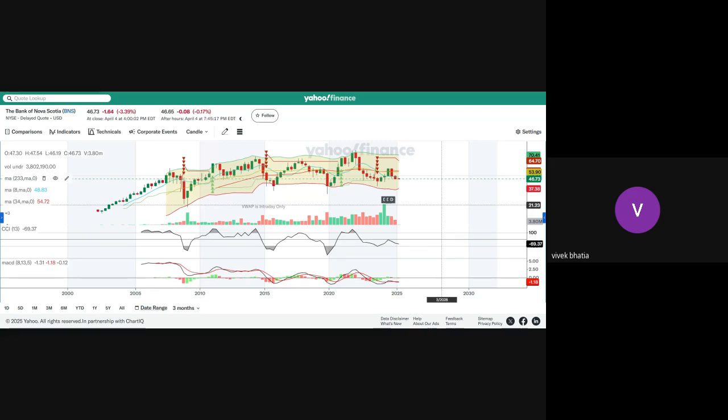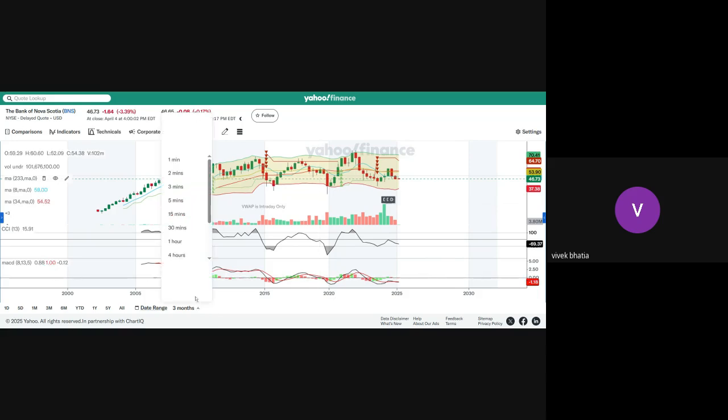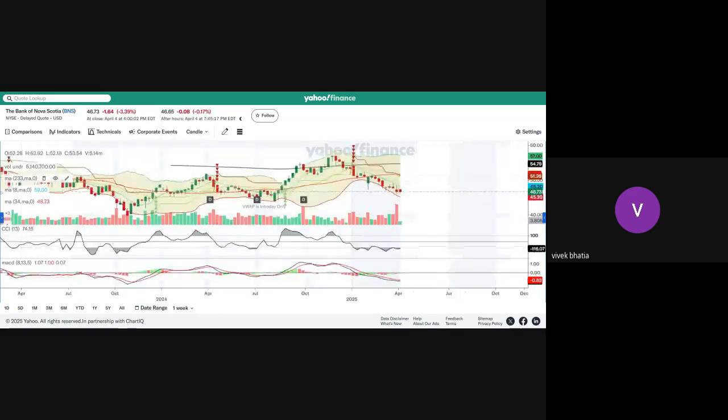If you change this to a monthly or a weekly chart, you will get a better idea on it. You realize that super trend is flat, going down but flattening, not in the acute steep down, and it has maintained its low for the last 5 weeks. 5 week low is being maintained.